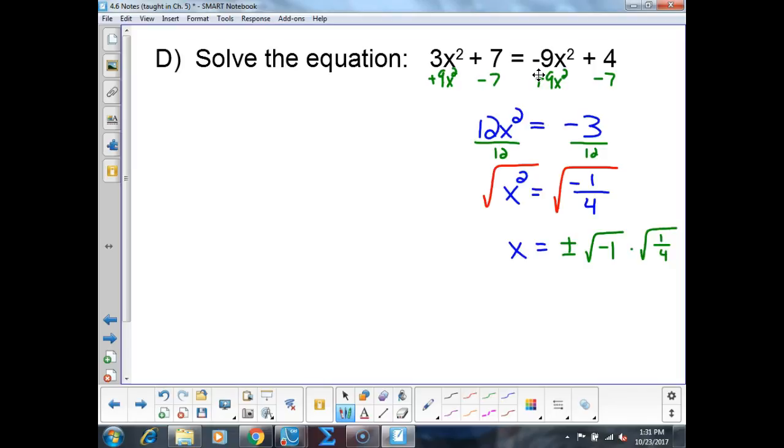What's your spitball? Square that denominator. No. Alright, so we've got to come up with a different way then.